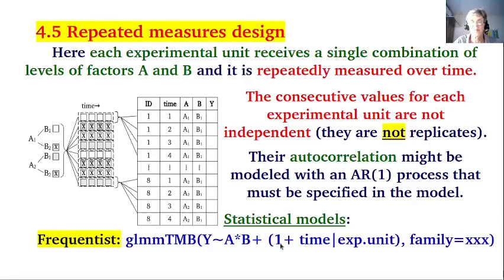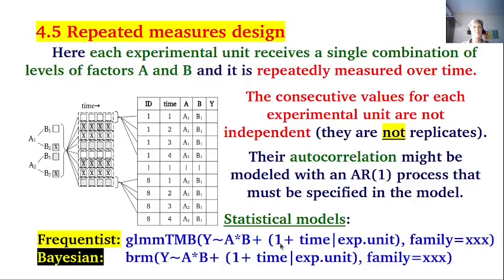in this experimental design. For the Bayesian framework, the statistical model is exactly the same with the specifications that I indicated, and for both Frequentist and Bayesian frameworks, we should model the temporal autocorrelation of the set of experimental units.